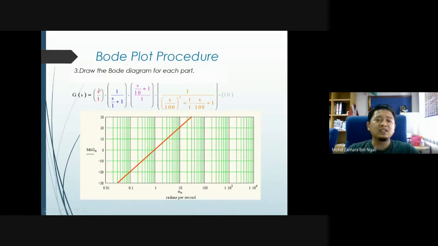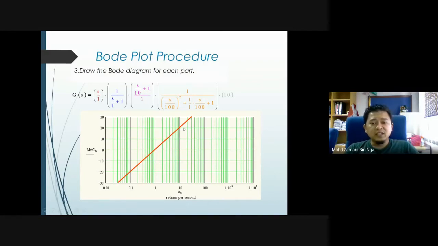If it is S over 100, it will be here. If it is S over 50, where is 50? Here is 10, 20, 30, 40, 50. So it will intersect this point where the magnitude is 0 decibel and the frequency is 50 radians per second.